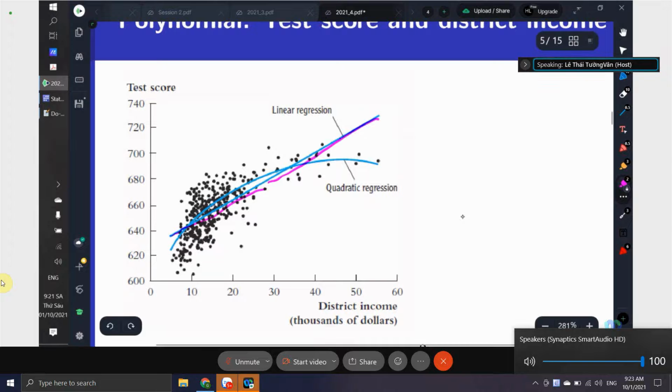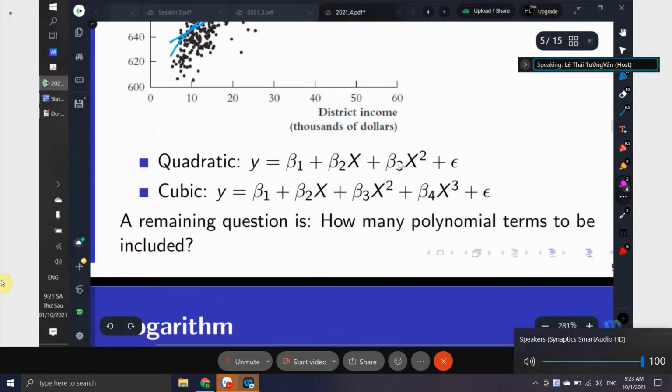However, close examination shows us that it's not really that linear, but somehow it is nonlinear. And the inclusion of a nonlinear term might be called for.